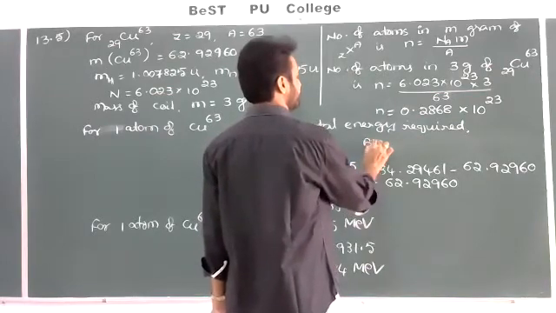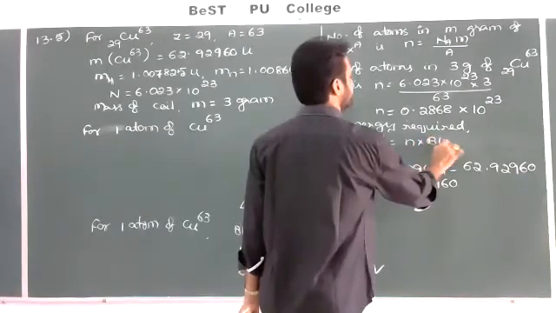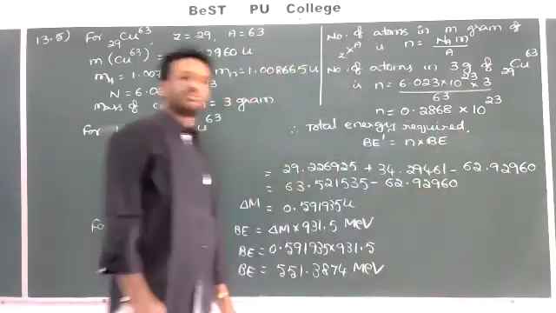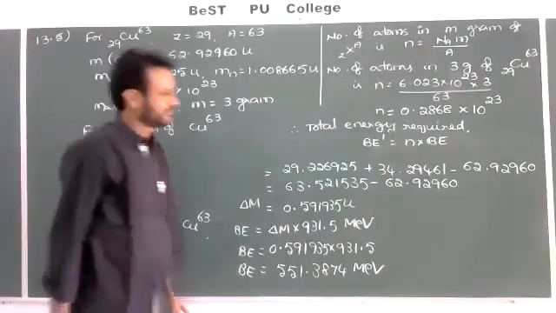BE dash is equal to N into BE. What is the total energy required to remove all the nucleons from 3 grams?